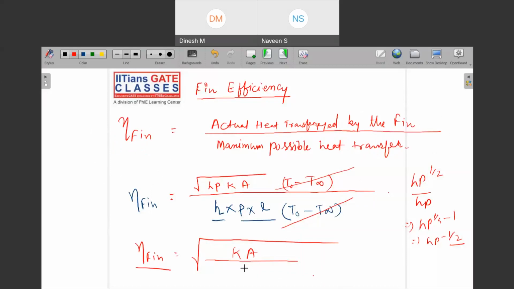Okay, now, so this is nothing but Ka upon Hp only, right? So this is Ka upon Hp, and this is 1 upon L also. So this is not that significant, but I am trying to analyze certain things about it, okay? So what is that thing?